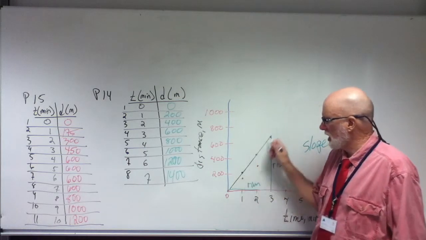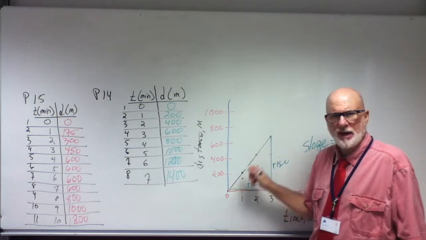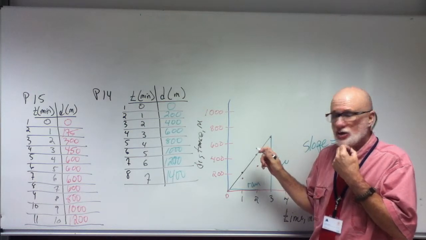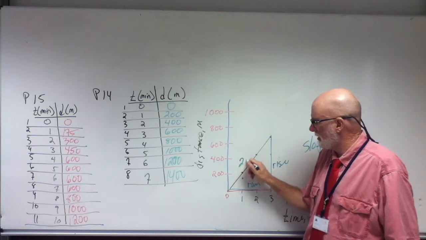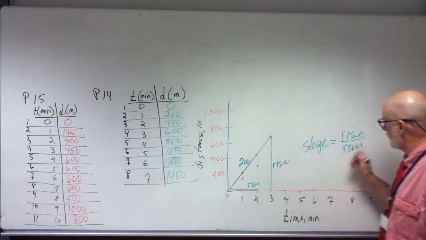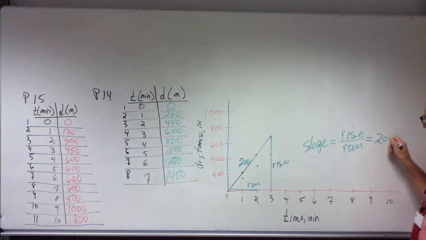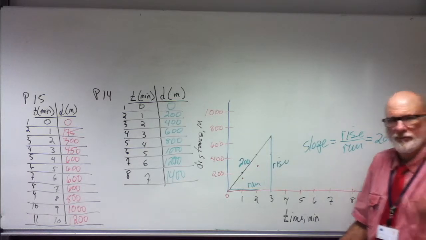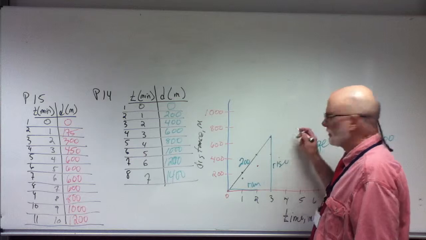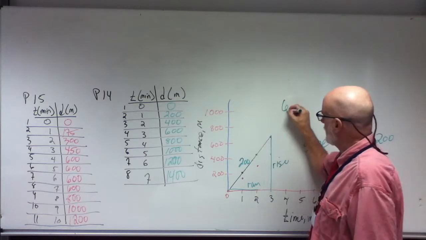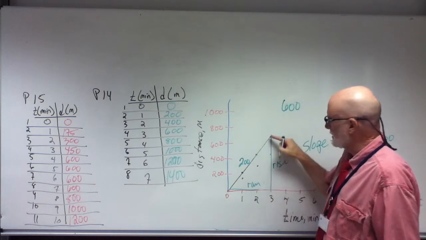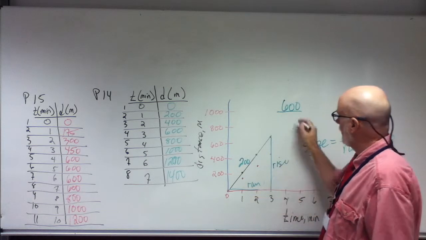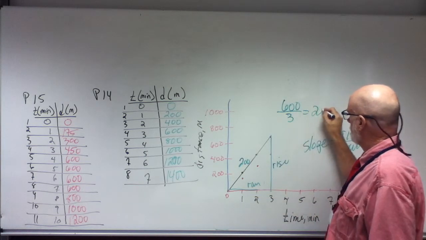And I want to find the slope of that line. What's the slope of that line going to be? 200. Why 200? Because 600 divided by 3 is 200. Very good. 600 is the rise, divided by 3, equals 200.